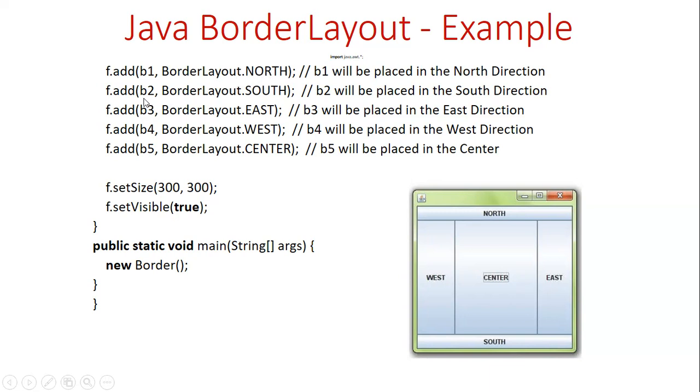Then the second button component is added in the south direction of the frame, and the third button B3 is added in the east direction of the frame. B4 is added in the west direction, and B5 is added at the center of the frame F. Now, when you execute this program, we'll get this as the output. All the button components are added in the respective directions of the frame.